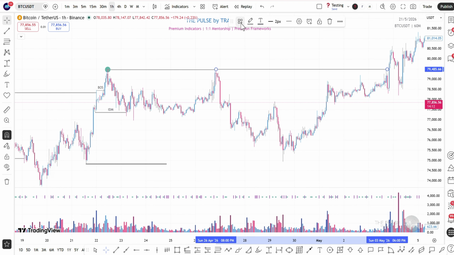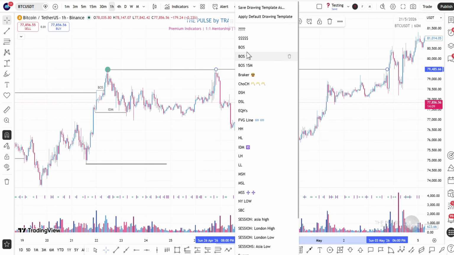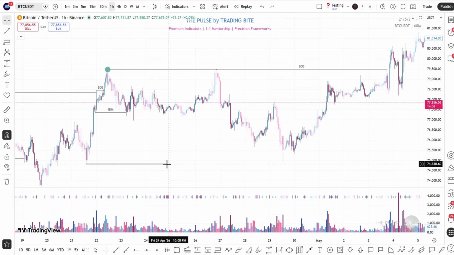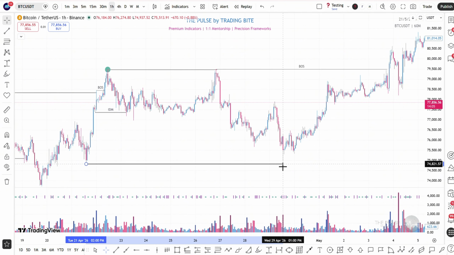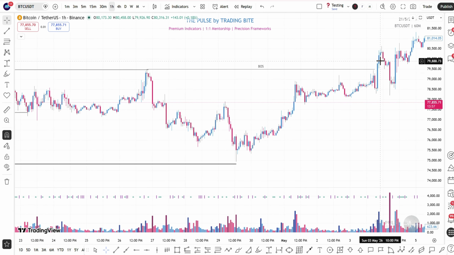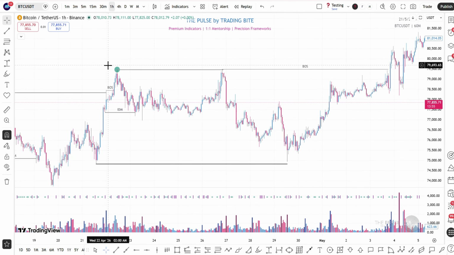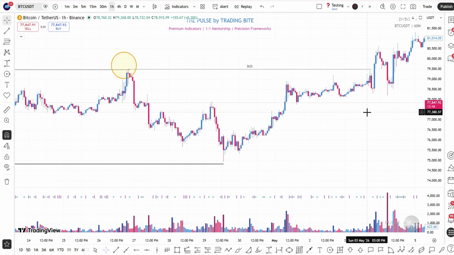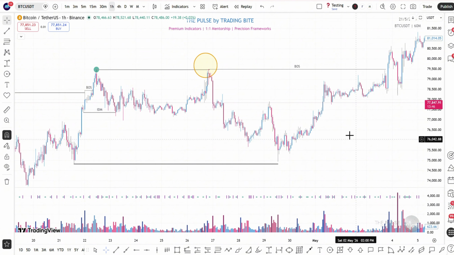This is our valid break of structure. It did not take this liquidity, it took only this liquidity, and then price closed above; a body closed above this reference point. Here it was a sweep at this level, here it was a sweep, and the body closed right here. So this is our valid break of structure.